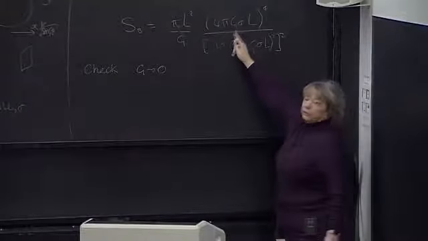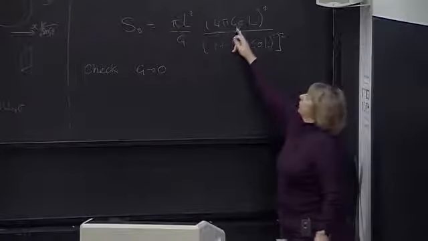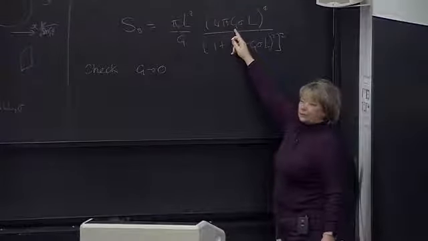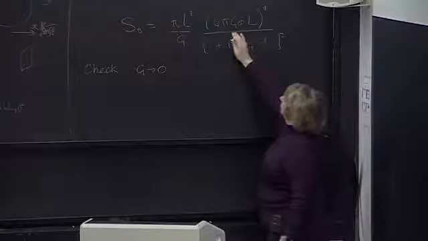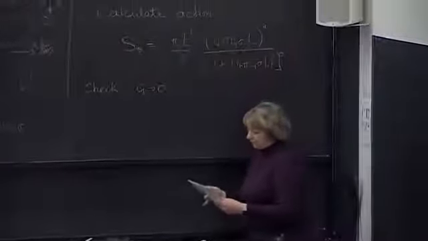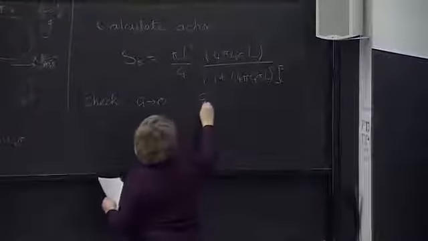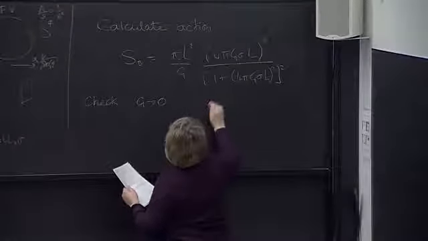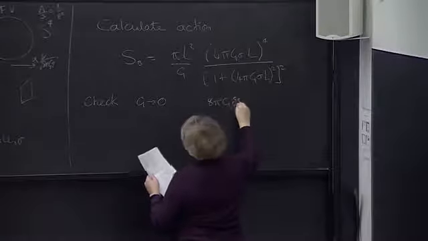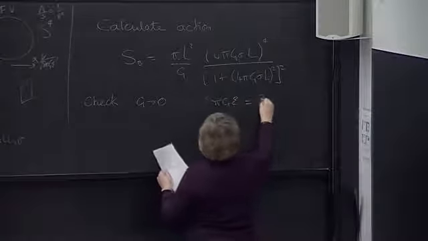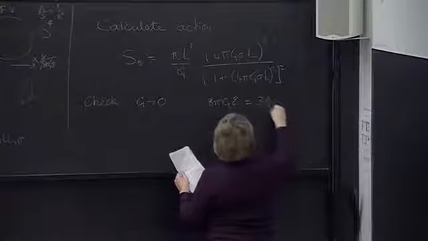So it doesn't go to 0. The first thing you might think is, hang on, you've got a G on the top. That's going to go to 0. But what you've got to notice is you've also got this L. So you have that G, so 8 pi G epsilon is equal to 3 over L squared.